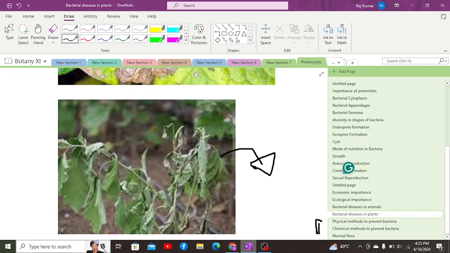Since no water reaches the upper parts, there is no photosynthesis, no glucose synthesis, and no metabolic activity possible in the upper parts, due to which this condition is known as bacterial wilt.